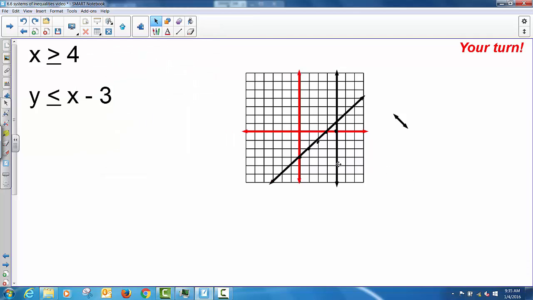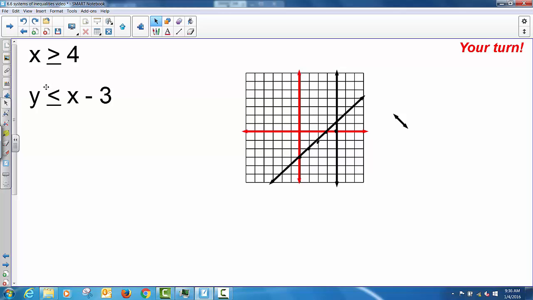Now, where do we shade? By the way, these were both solid lines because it said or equal to. So x is greater than or equal to 4 means that we're going to shade to the right of the line. And remember, on the number line, when you're going to the right, numbers get bigger. Okay, that's the greater than part.